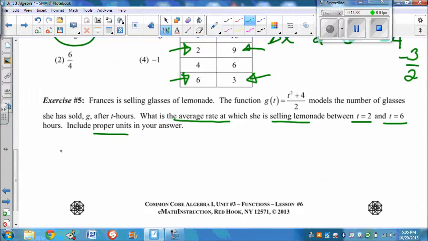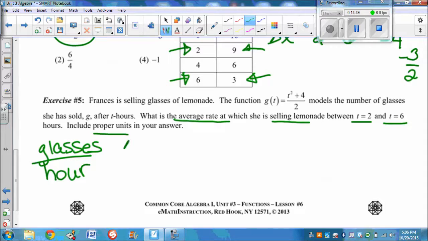Okay, so we've got our t values. So right now, it is glasses. What are our units? Glasses per hour, right?